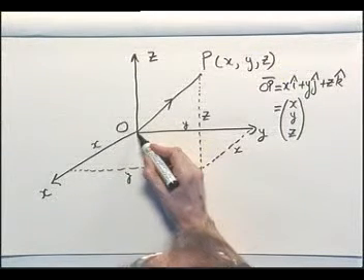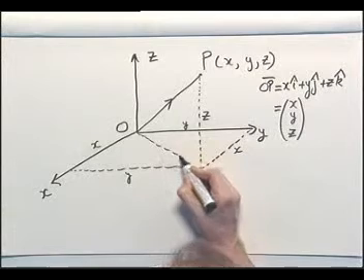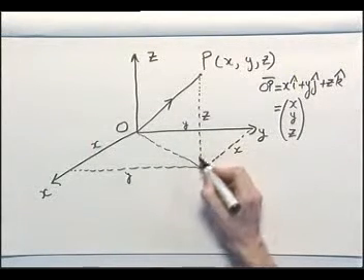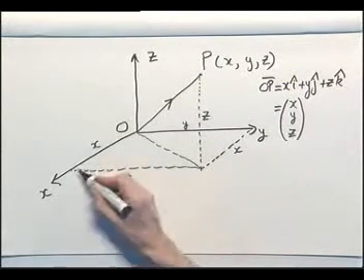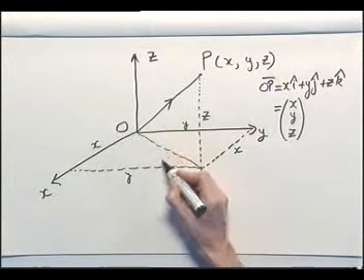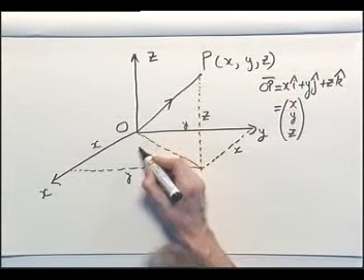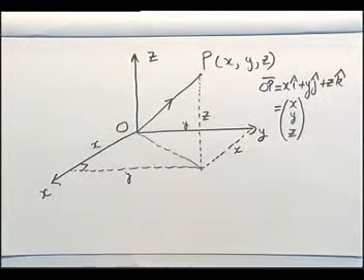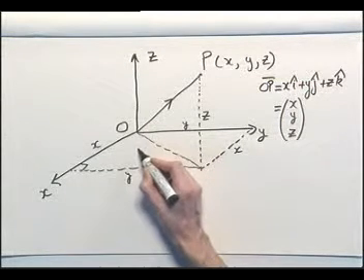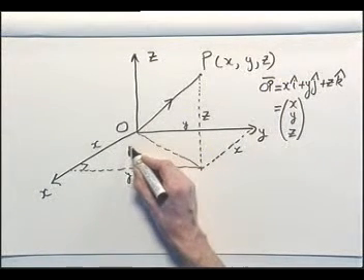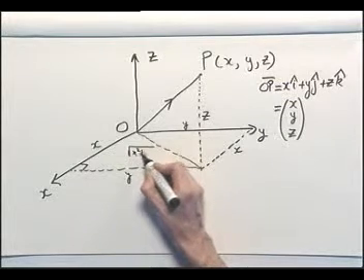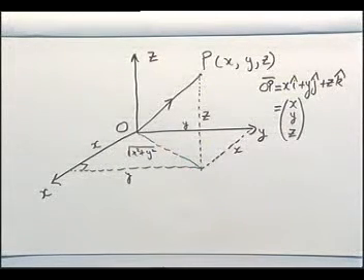So if we join up from here out to here, what we have here is a right-angled triangle. And of course we've got a right-angled triangle here as well. So this length here, if there's our right angle, using Pythagoras must be the square root of x squared plus y squared.